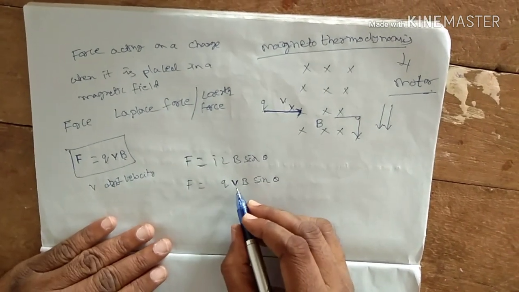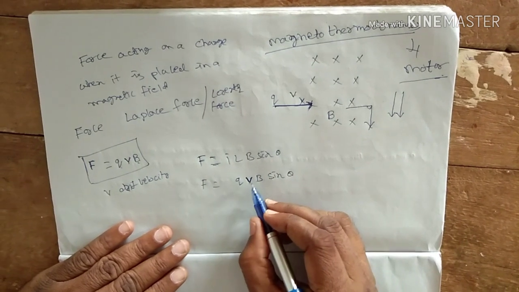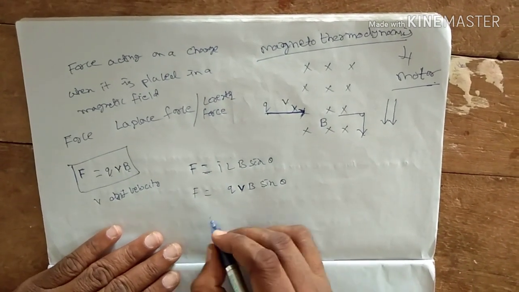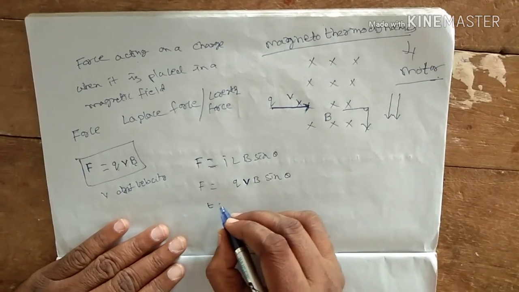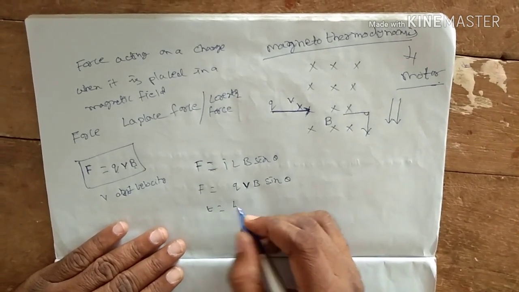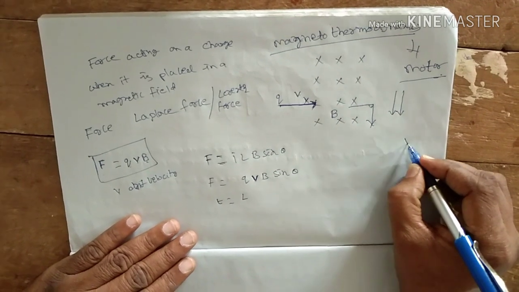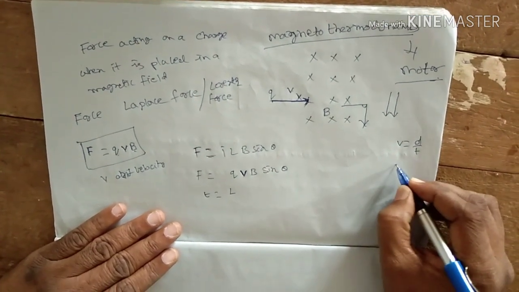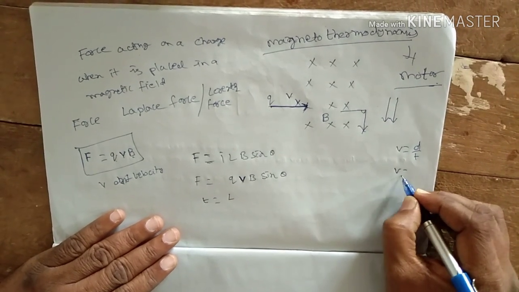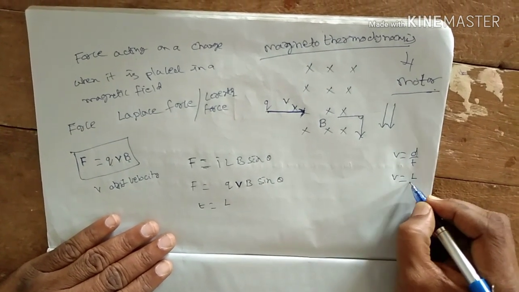The velocity of the charge per unit time is taken as T is equal to L by V. We know that velocity V is equal to d by t, where this distance is nothing but the length of the conductor.